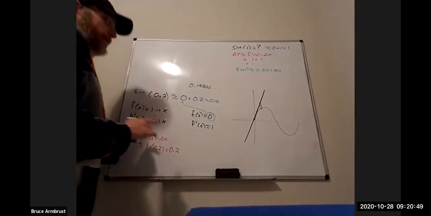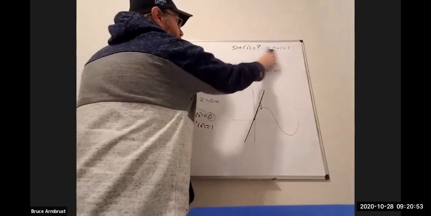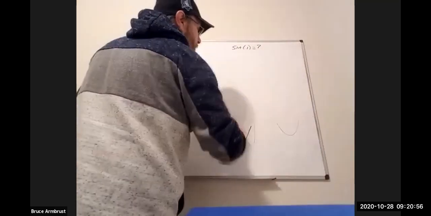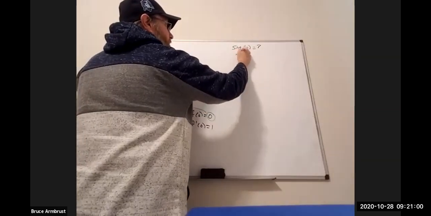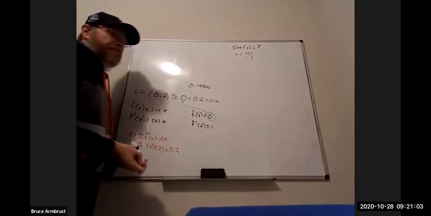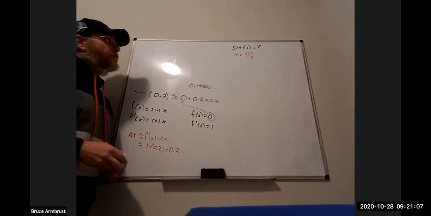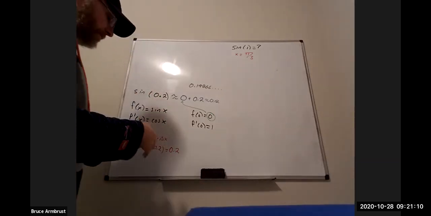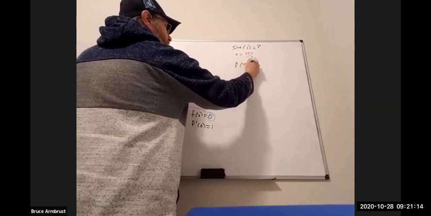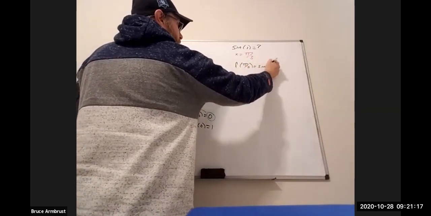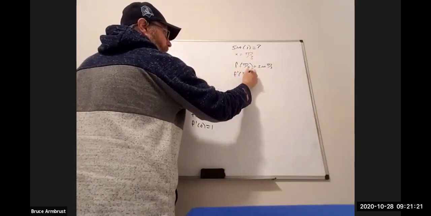So if I was going to be doing this, I would still approximate it, but instead of going at 0, I would look at x equals pi over 3, because it's pretty close to 1. So now we're going to have f of pi over 3, so the sine of pi over 3, and we're going to have f prime of pi over 3.